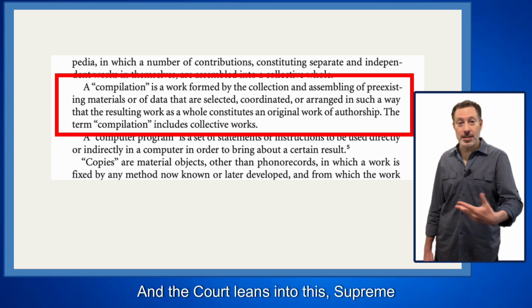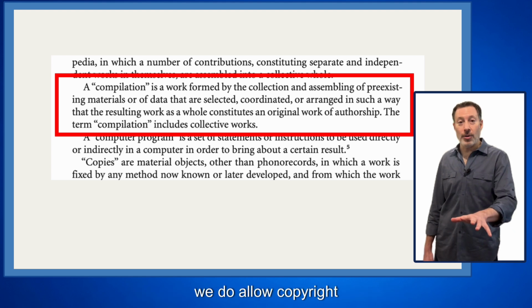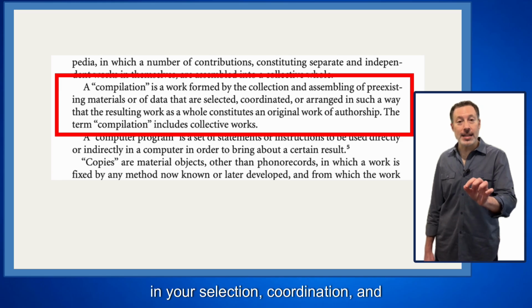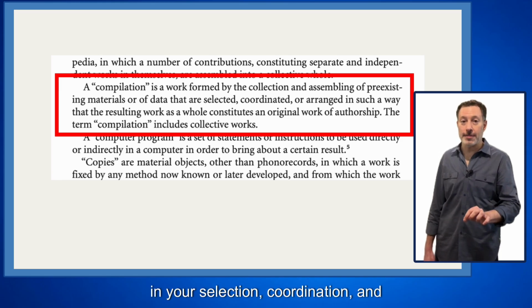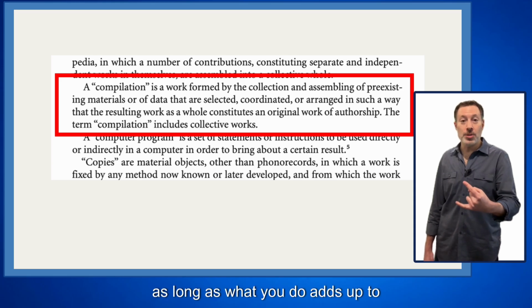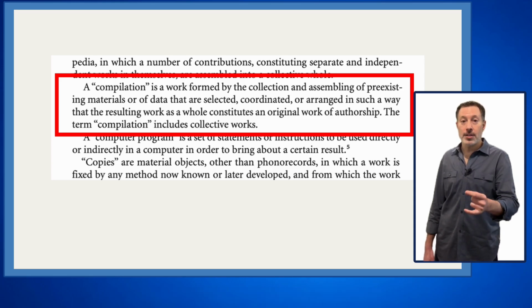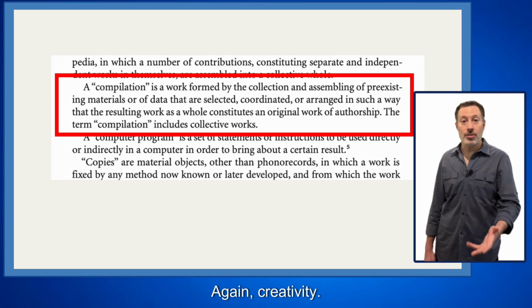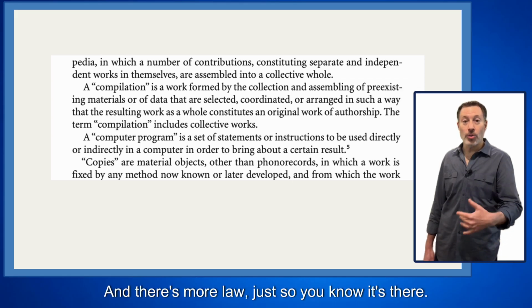And the court leans into this. Supreme Court does and says, we do allow copyright in your selection, coordination, and arrangement of information. It's possible as long as what you do adds up to something that's original. Again, creativity.